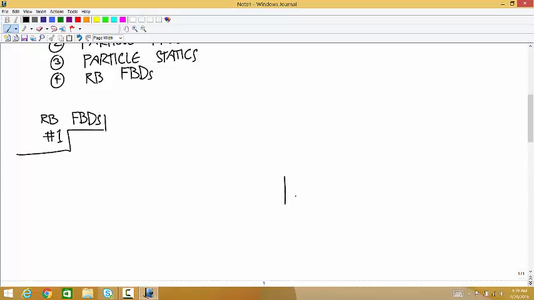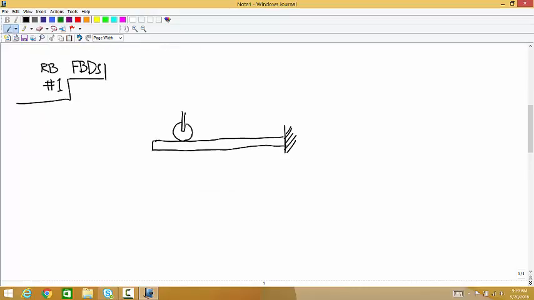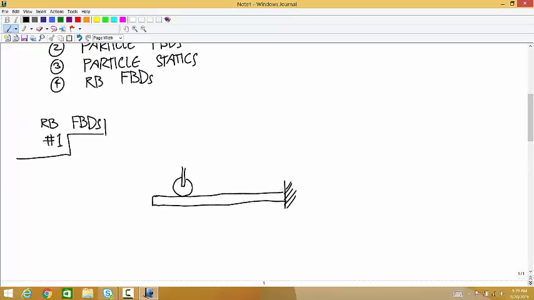It looks like this. There's a beam connected to the wall. There's a roller there.